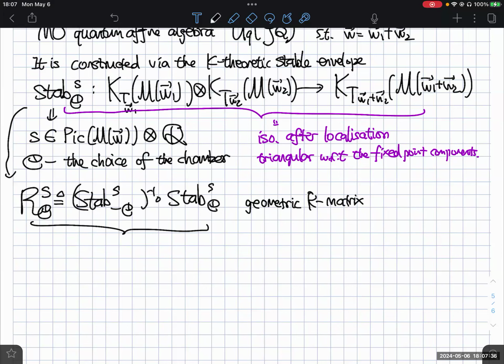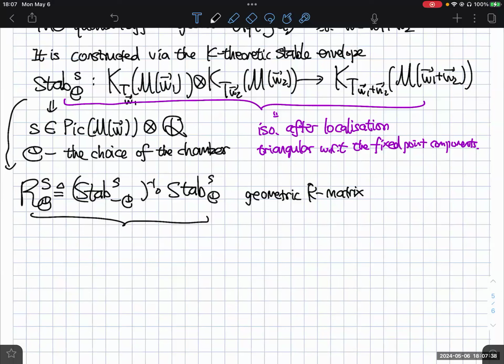If you do the computation, you can see that this geometric R matrix satisfies the Yang-Baxter equation. Using this, we can use the additive formalism to construct the quantum affine algebra.